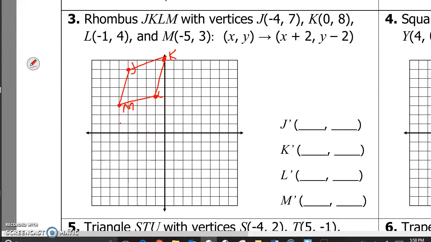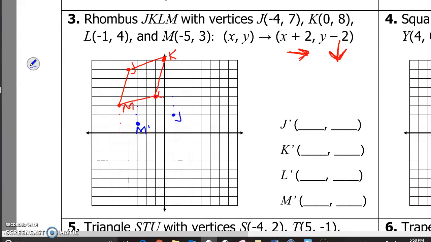Okay, so we are translating it positive 2 and negative 2. So horizontally, we're going positive 2, and vertically, we're going down 2. So from each point, we go positive 2, down 2. So that's point M. Then here we're going 1, 2, 1, 2.